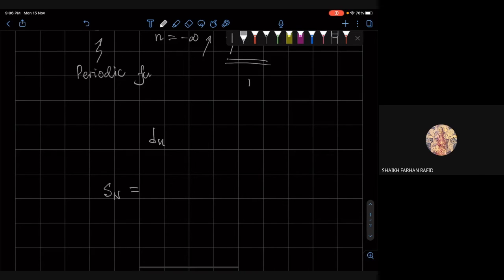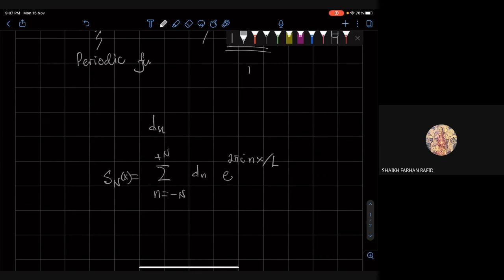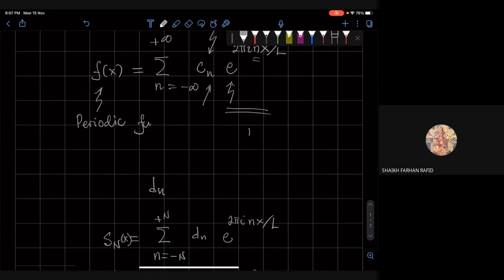And the Dn are defined by this partial sum, and the partial sum goes from minus n to plus n of Dn e to the power 2 pi i n x over L. So the partial sum is an approximation to this series.